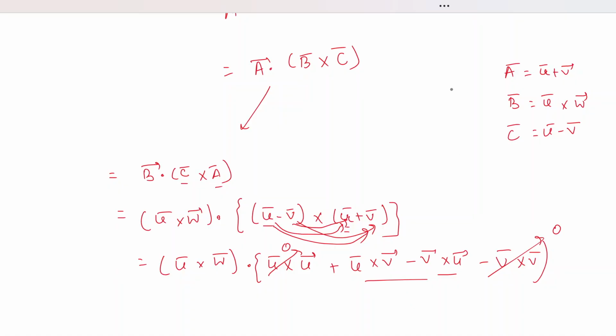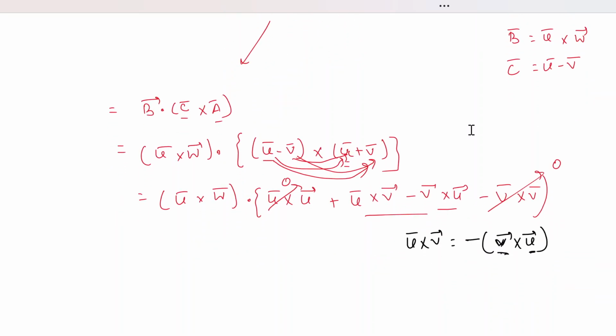Now this is also simple because u cross v is minus of v cross u, right? Because you know that whenever the order changes, there is a sign change. So if you reshuffle the order of v and u, it is going to give you a minus sign also. That is how I am able to write it like this.